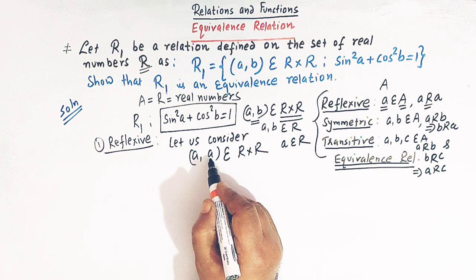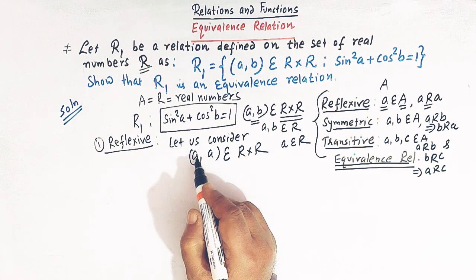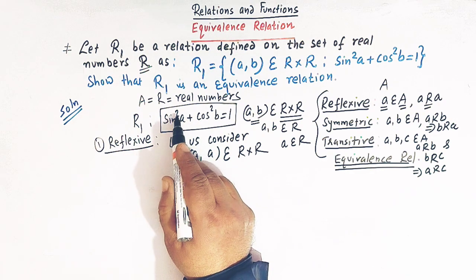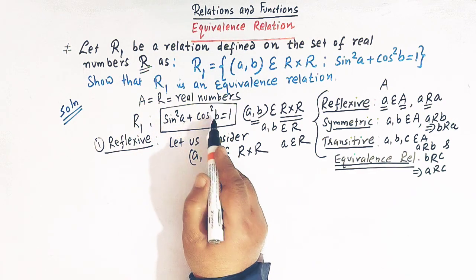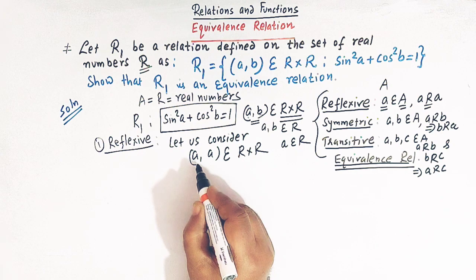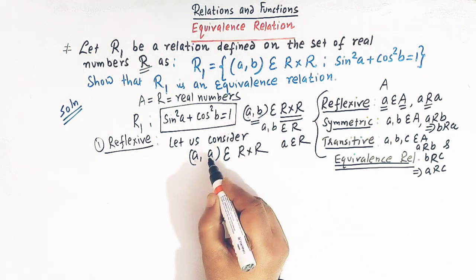So (A, A) belongs to the set R cross R, and in this relation R1 we have sine square A plus cos square B is equal to 1 for these two members A and B. Here we have (A, A), it means B should be replaced by A, right?